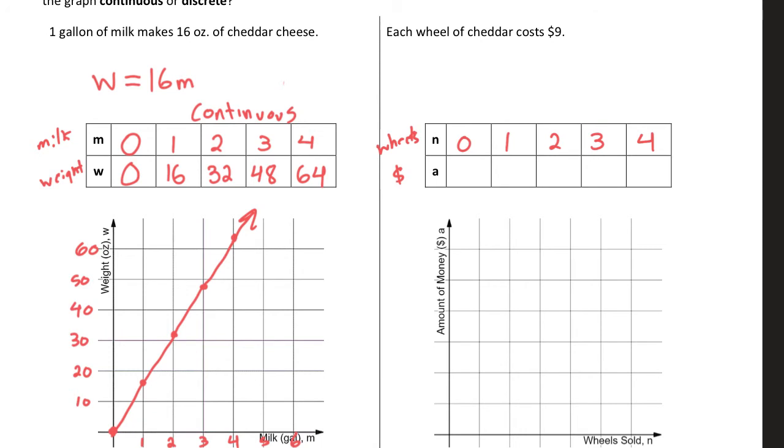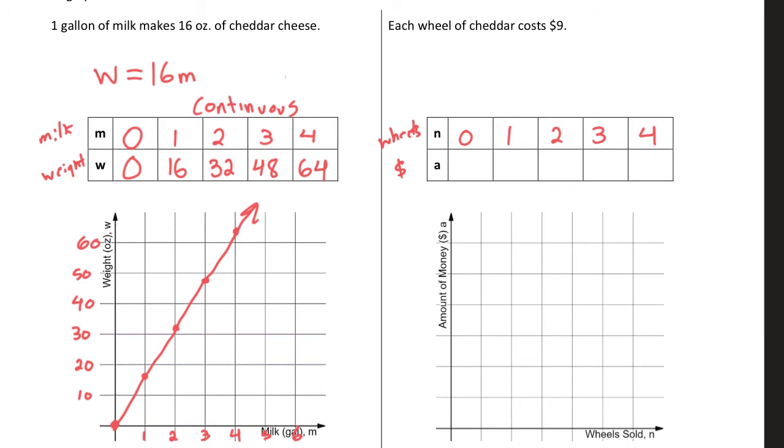I think that's reasonable, okay? And then I've got to think about, if each wheel costs $9, how do I represent that in this table? So if I sell 0 wheels, I make $0. If I sell 1 wheel, I make $9. If I sell 2 wheels, I make $18. 3, I make $27, and then 4, I make $36.